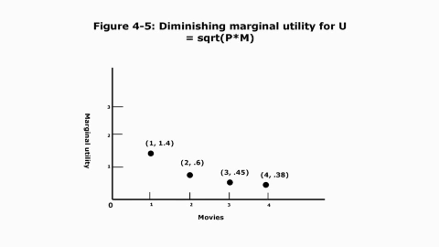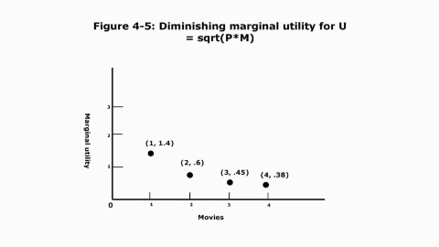So your utility when you have 1 movie is 1.4, square root of 2. Now when you move from 1 movie to a second movie, your utility goes up from square root of 2 to 2. Utility goes up by 0.6. So the marginal utility of that second movie is 0.6.